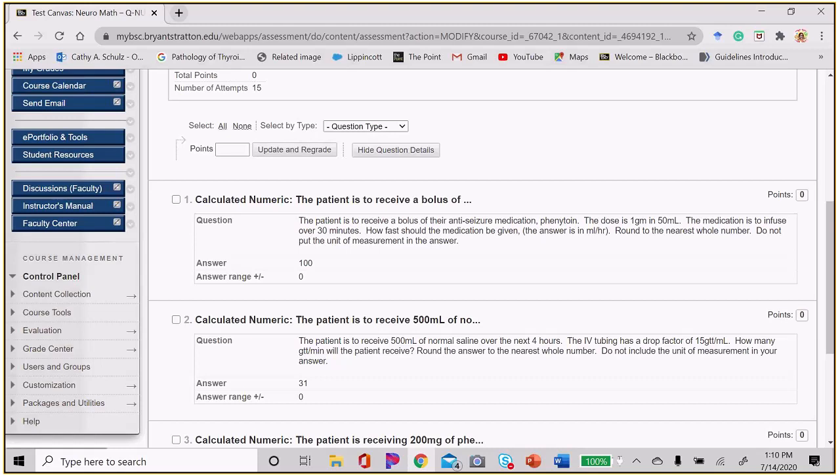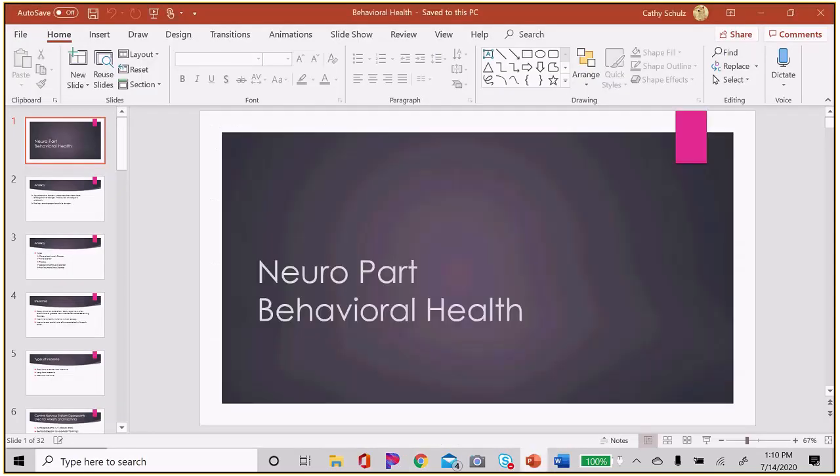The patient is to receive 500 milliliters of normal saline over 4 hours, and the IV tubing has a drop factor of 15. How many drops per minute will that patient receive?